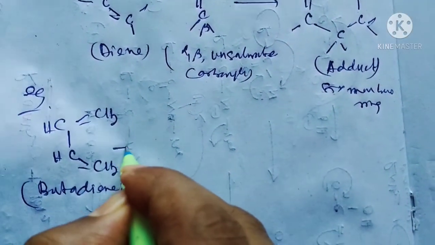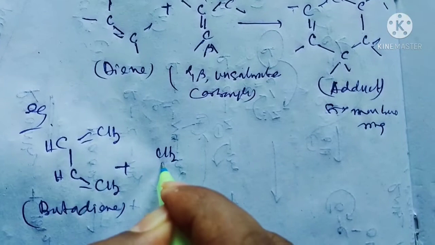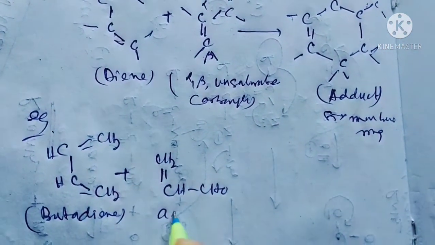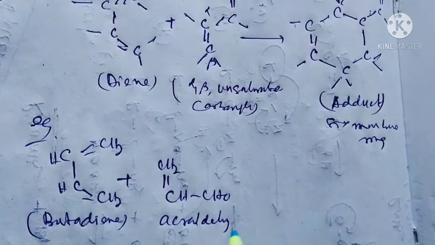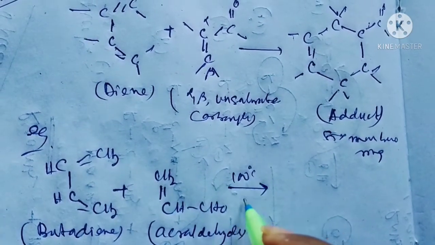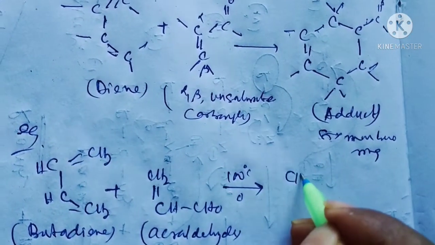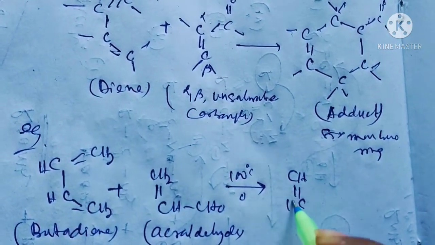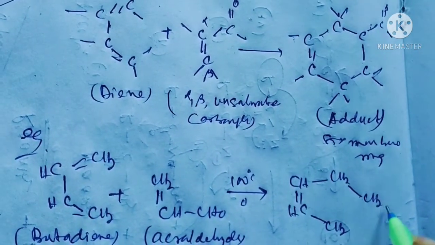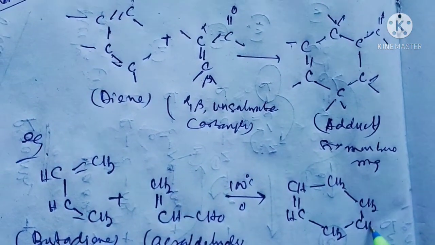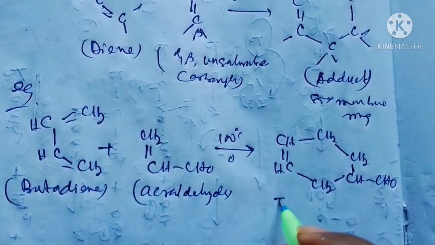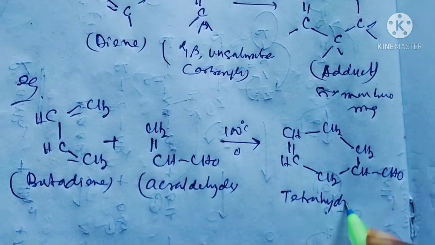Whenever butadiene reacts with acraldehyde, I am taking acraldehyde, with some heating they form this compound. This is tetrahydrobenzaldehyde. This is our tetrahydrobenzaldehyde.